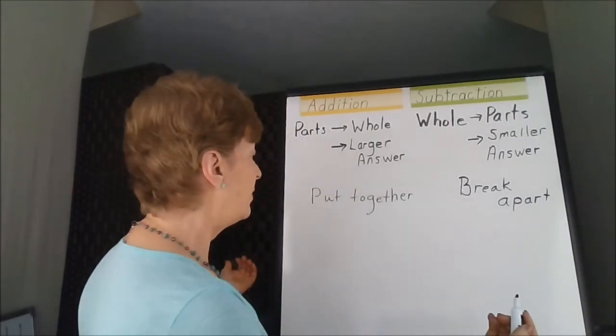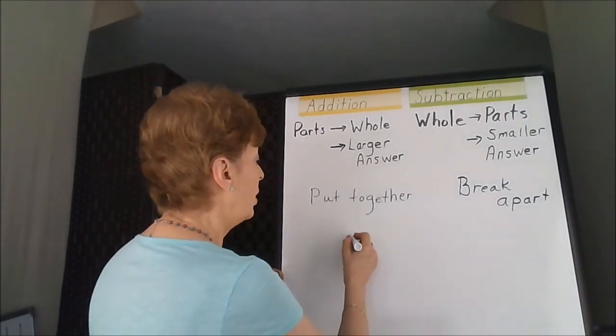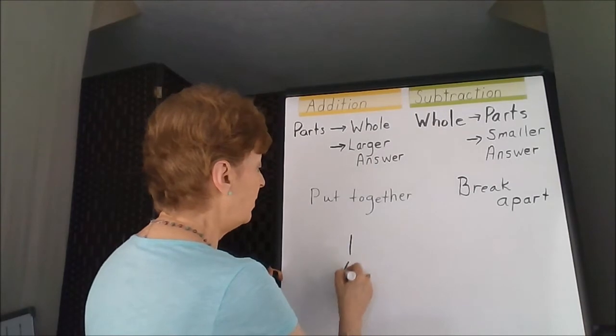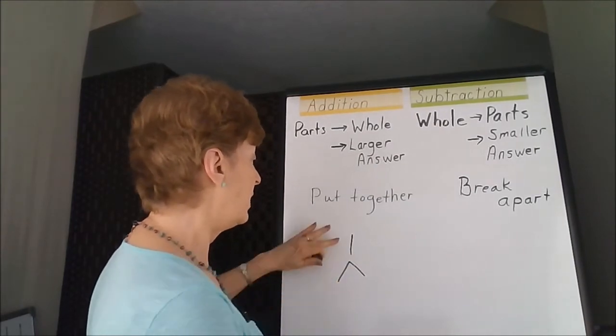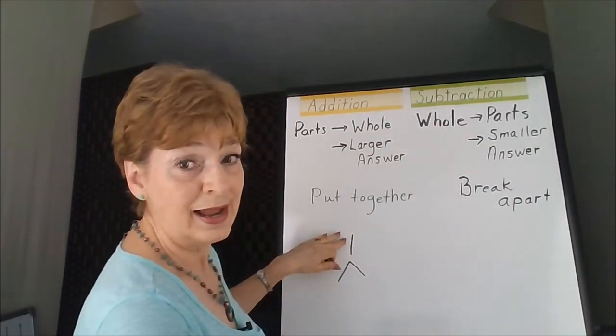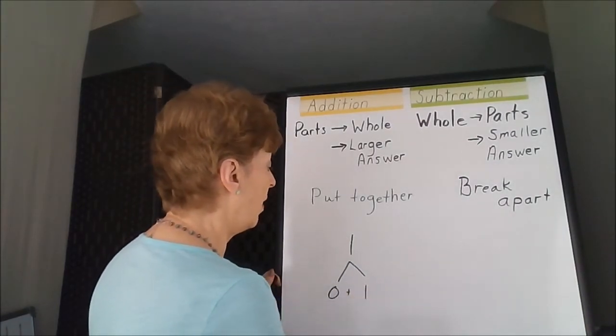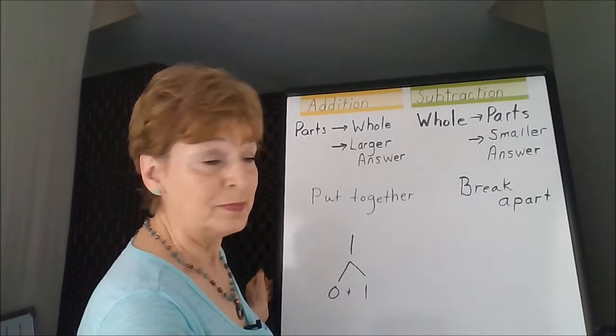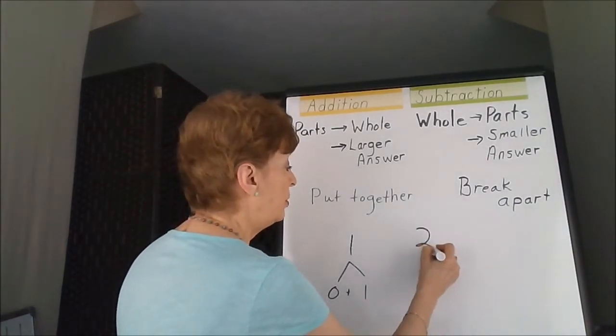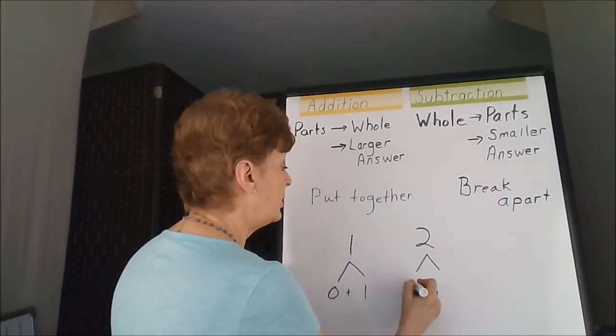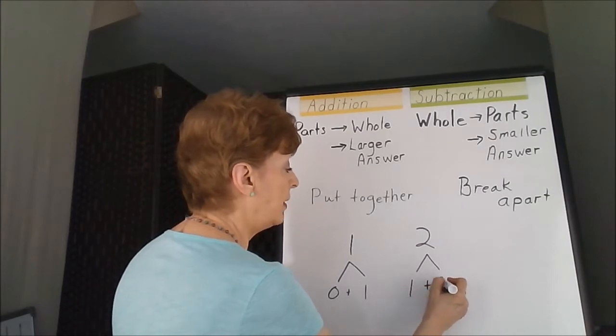So if we had, for example, the number 1, there's only really one way we can break this number apart, and it really doesn't change it at all. We could go a 0 plus a 1, and that's about it. But when we get into 2, this breaks apart into 1 plus a 1.